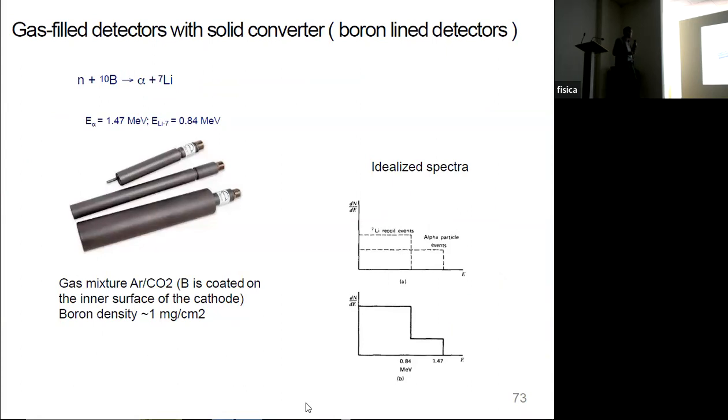In other experiments, the second way of using boron in proportional counters is not to distribute it directly in the material or in gas, like in boron trifluoride detectors.